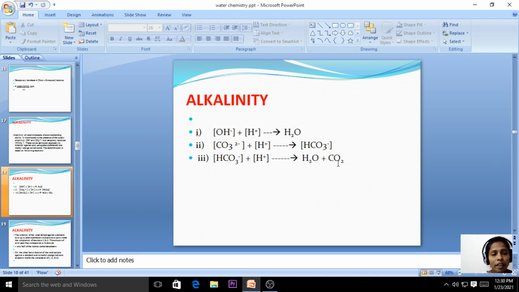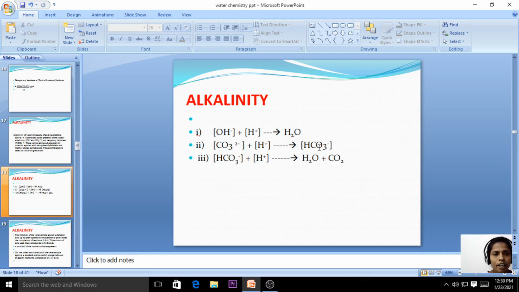So, already I explained that by using phenolphthalein indicator, caustic alkalinity is identified. By using methyl orange indicator, all three ions are identified. So, by using phenolphthalein, OH minus undergoes complete neutralization, but carbonate undergoes half neutralization. So, we are getting two types of endpoints here.